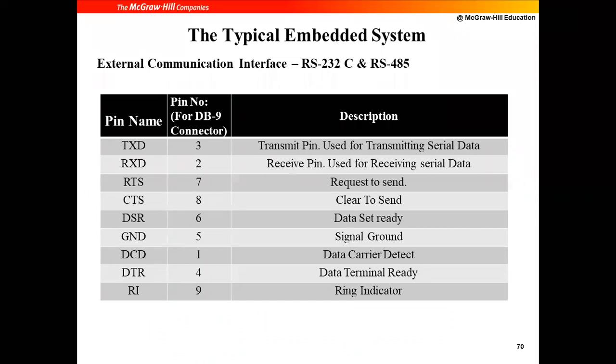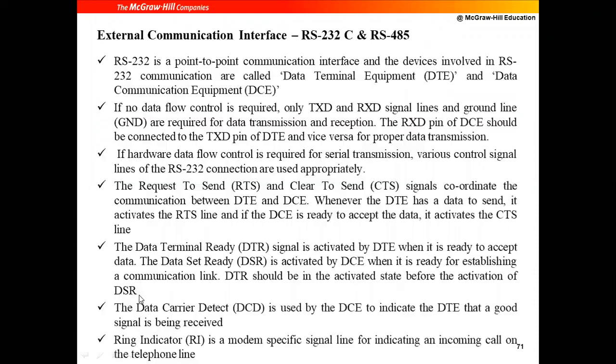If handshaking signals are required, these are the functions of each pin. TXD and RXD are basically for transmission and receiving. RTS is ready to send, CTS is clear to send, DSR is data set ready, there is the ground pin, DCD is data carrier detect, DTR is data terminal ready, and ring indicator. So there are certain steps followed before the data is transferred.